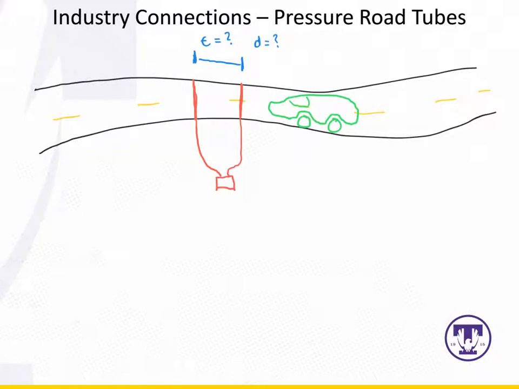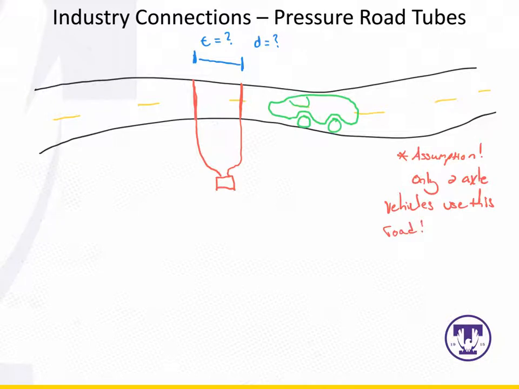And one assumption that we're going to make is that only cars use this road. So only two-axle vehicles use this road. So this is an assumption.